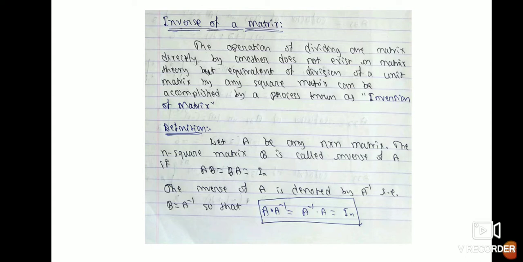That is, if you consider a 2 by 2 matrix, then it is the identity matrix of order 2, and if you consider a 3 by 3 matrix, then the identity matrix of order 3. Then we can say that A into A inverse equals A inverse into A is equal to the identity matrix.